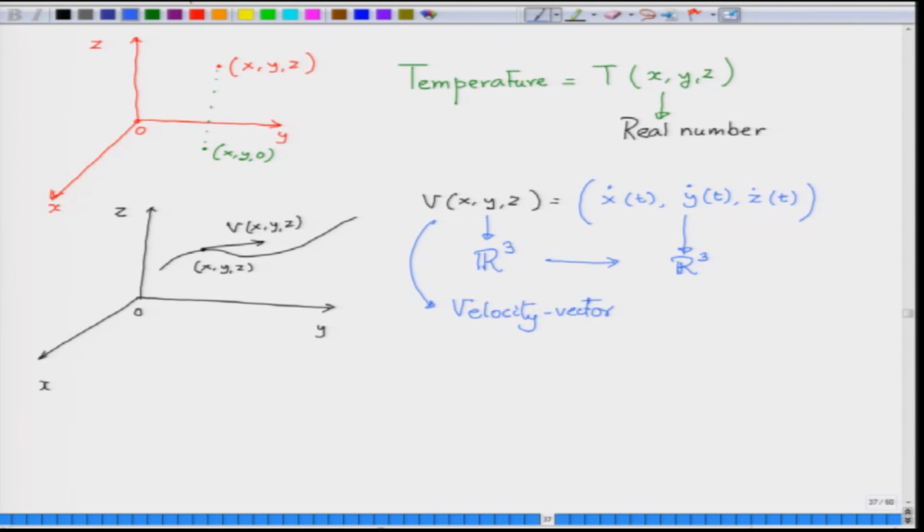Let us take a very simple example, if you want to talk about a function of two variables. Let us first concern ourselves with the case when m equal to 1, just scalar valued functions of two variables and three variables.